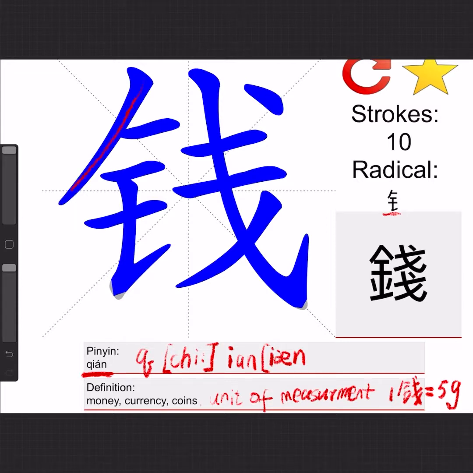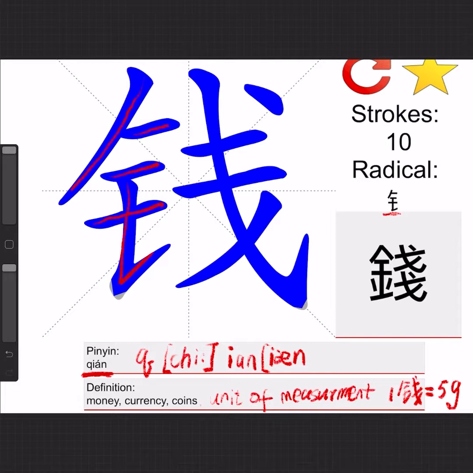This is the first stroke. 2, 3, 4, 5. You see, from left to right, when I draw the strokes, from top to bottom, upper to lower, that's the basic draw for the strokes.